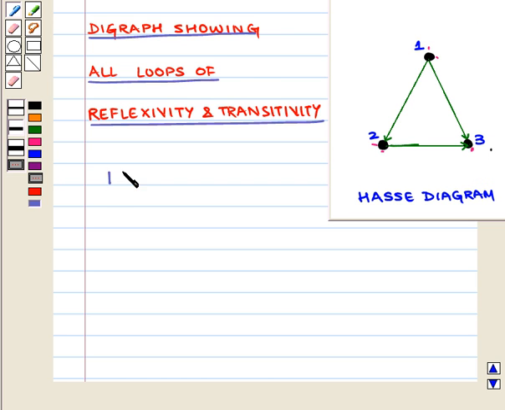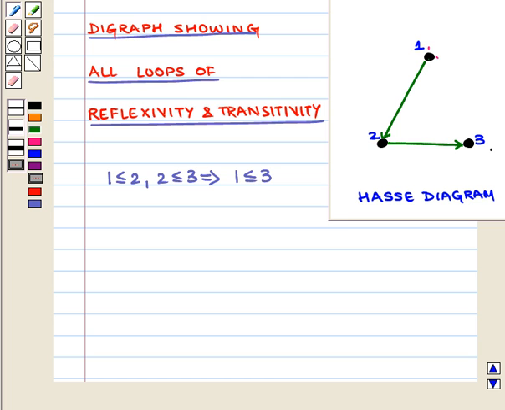Then 1 is less than or equal to 2, 2 is less than or equal to 3 implies 1 is less than or equal to 3. So the edge joining 1 and 3 shows transitivity. So we will remove it.